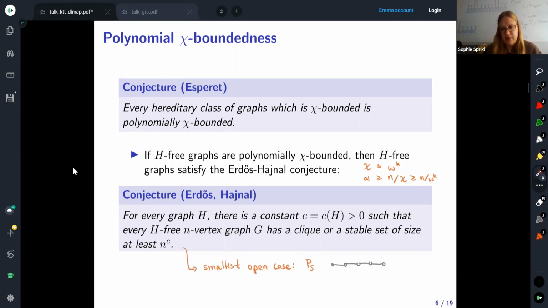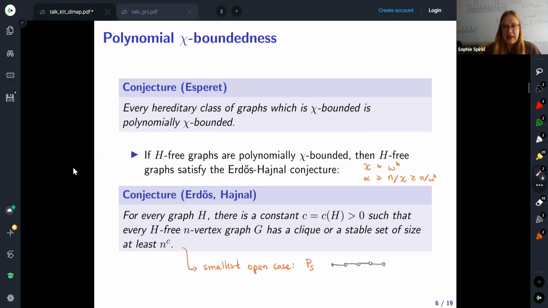The reverse is not true, and in fact, for example, we know the Erdős–Hajnal conjecture for C5, the 5-vertex cycle, but excluding any cycle doesn't even make you chi-bounded. So this is not in any way an equivalence, but it happens that the smallest open case for the Erdős–Hajnal conjecture is a 5-vertex path, which in particular is a tree for which we know that excluding it makes you chi-bounded.